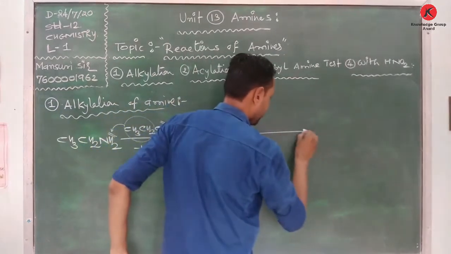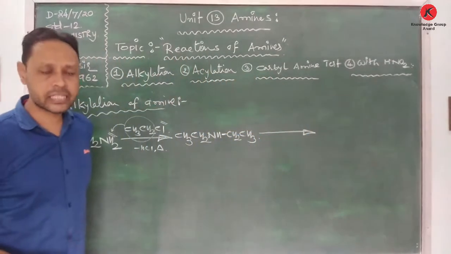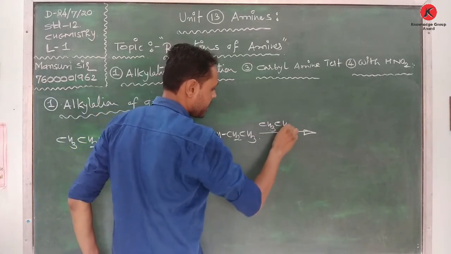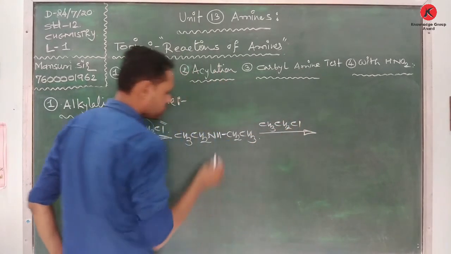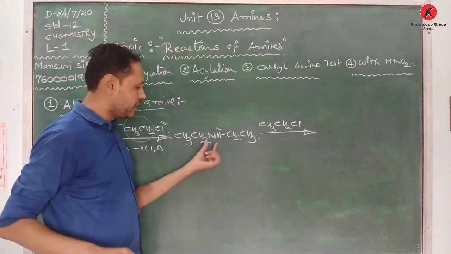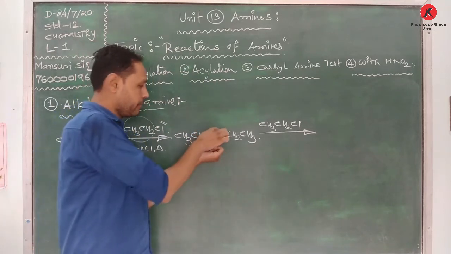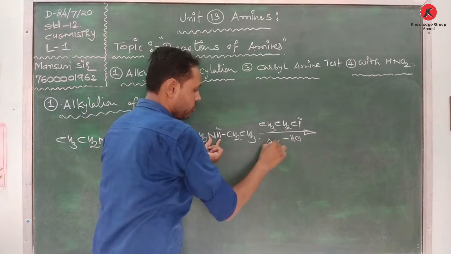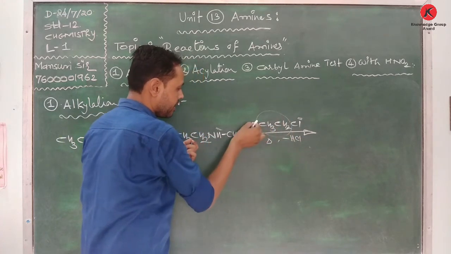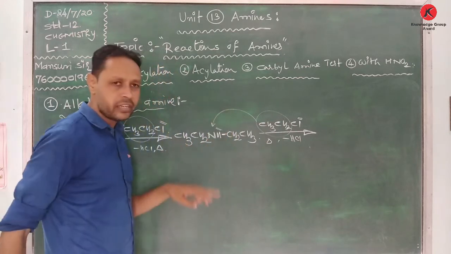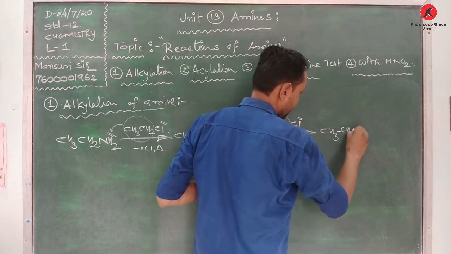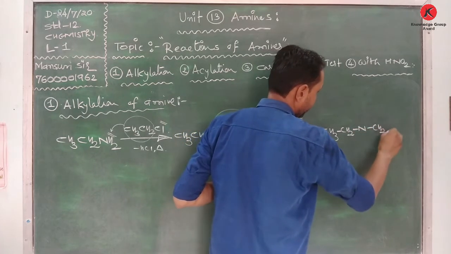Now, after excess proportion of ethyl chloride, CH3CH2Cl, the hydrogen on the nitrogen will be removed with chlorine. So HCl will be removed. That is why ethyl will be attached to the nitrogen. So triethylamine is obtained.